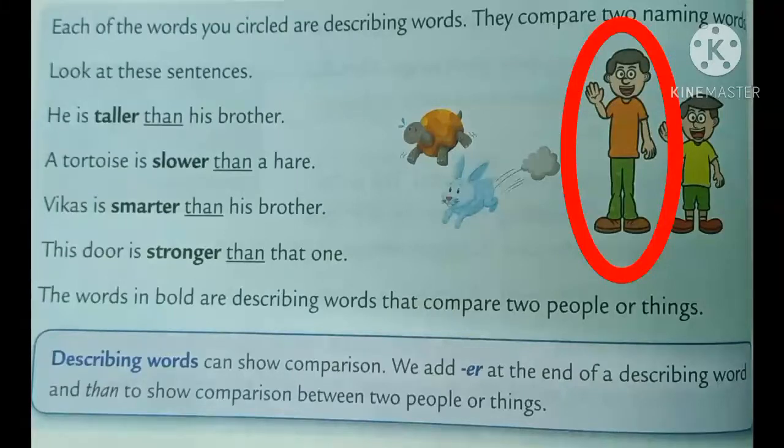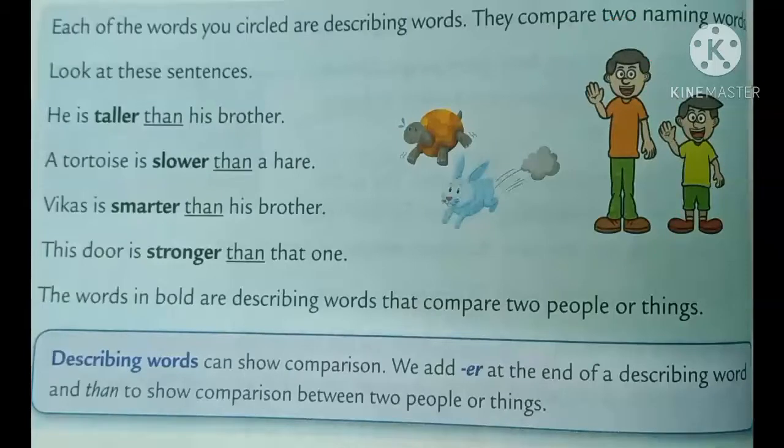How have I compared? He is taller than his brother. This is what I told you. They both are brothers, and I have described this boy as a tall boy. So what is the describing word over here, children? Tall, right? So I have compared by saying he is taller than his brother.